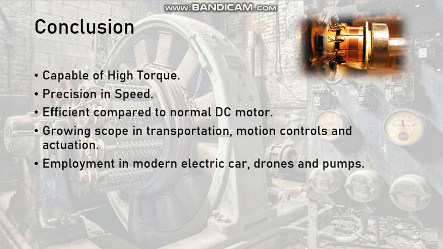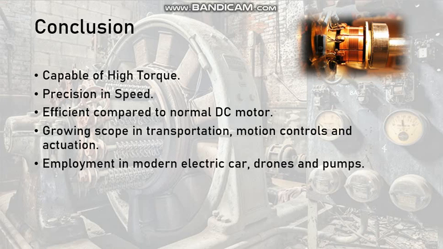In this presentation, we saw that BLDCs are a great choice for applications with high torque through analysis of the characteristic curve. We also saw their various applications in control systems because of their precision in position and speed. We also saw the efficiency in comparison to the normal DC motor, that BLDC motors are employed vastly in modern day machines and their scope is expanding as well.